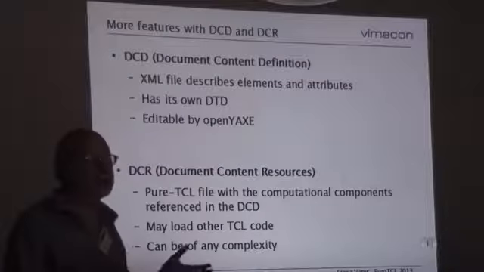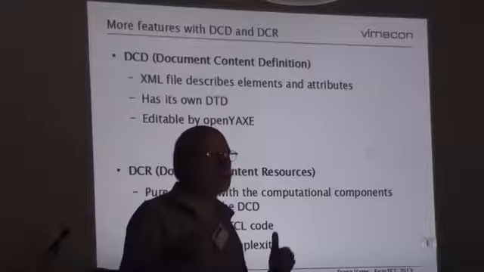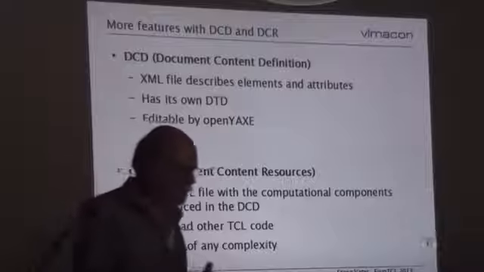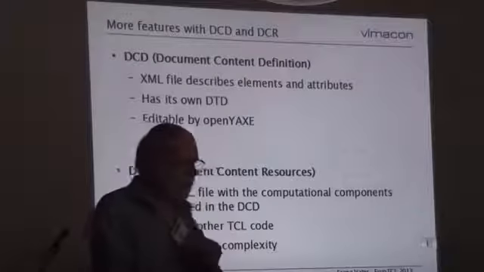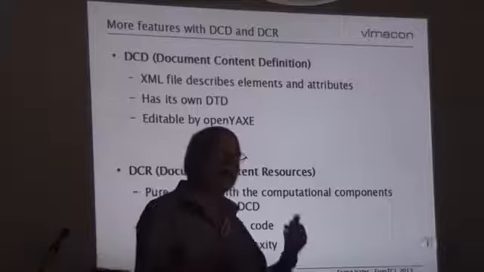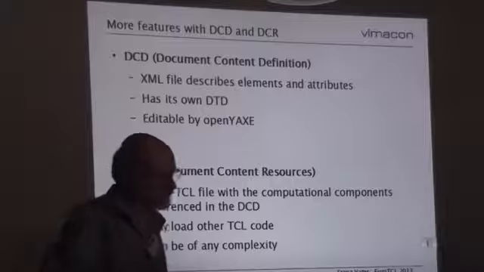It's not structure; structure is defined by the DTD. We speak about content. That means what's allowed there, what labels should be shown, and so on. We'll see the details. And the DCD has its own DTD, of course, and you can edit it and modify it.